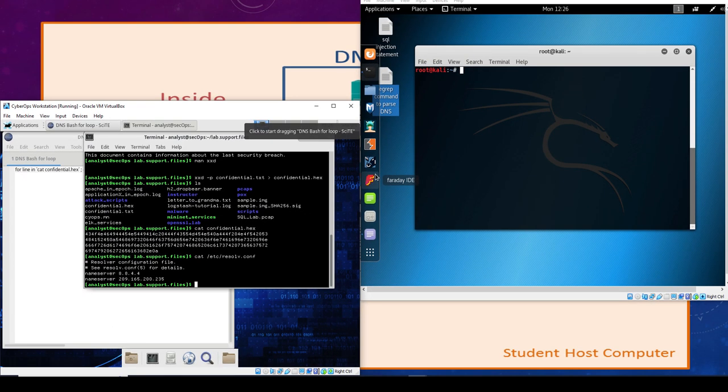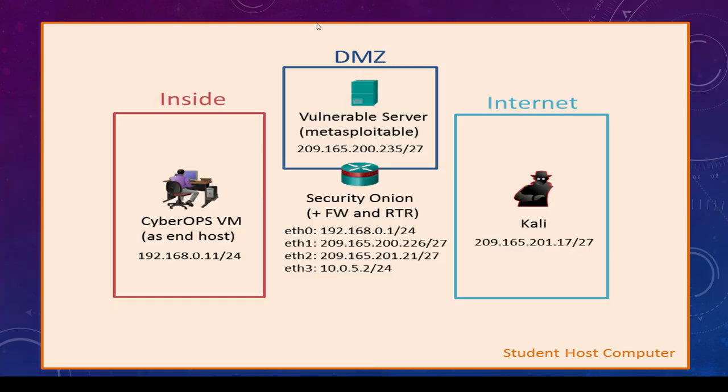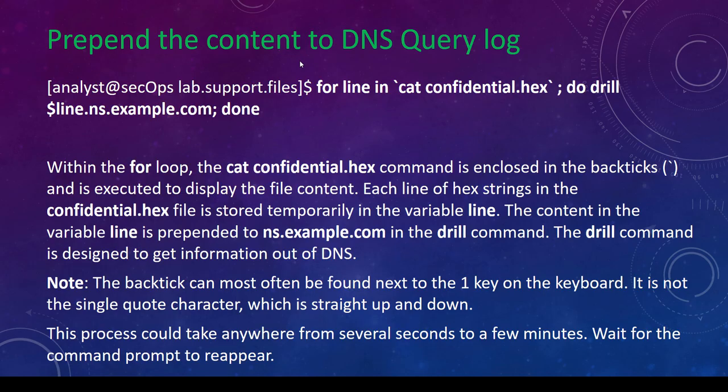And what do we use for that? We're going to use a bash for loop to do that. Let me quickly explain the command. We're going to have a bash for loop. This cat will open confidential.hex. This file has 4 lines.